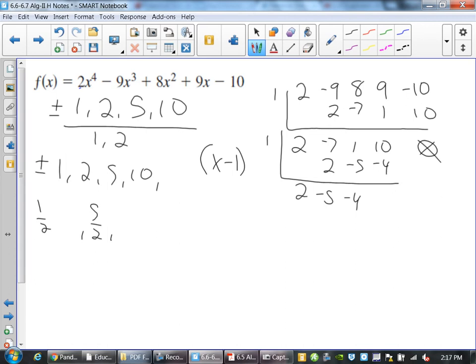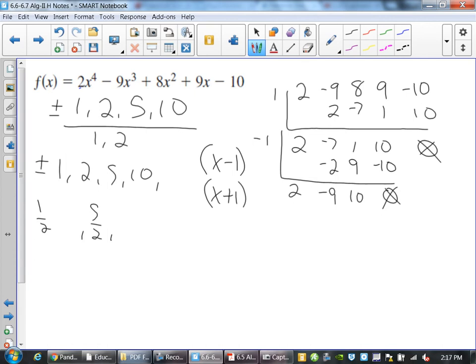Okay. So I'll try negative 1. Oops, I'm starting to multiply. Yay! Negative 1 is a 0. Therefore, its term would be x plus 1.